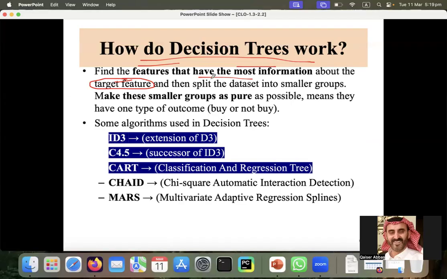And you have to take care of these smaller groups. What is the instruction for them? You have to take care that the data in these groups must be pure. What is the meaning of pure? That they will have the categories, again, and you will not have random data in it.